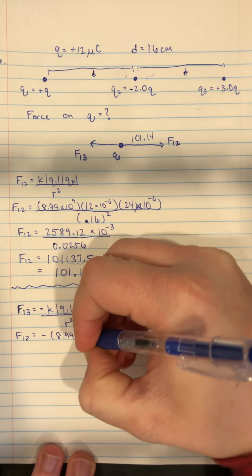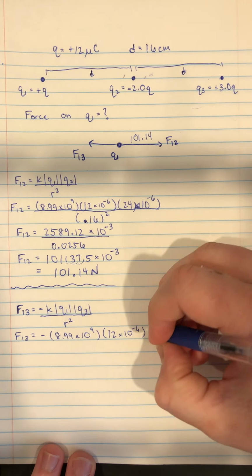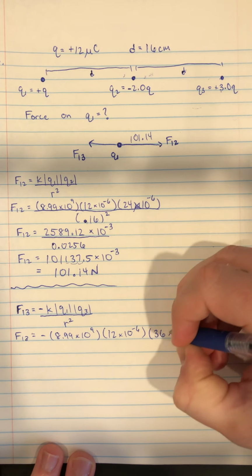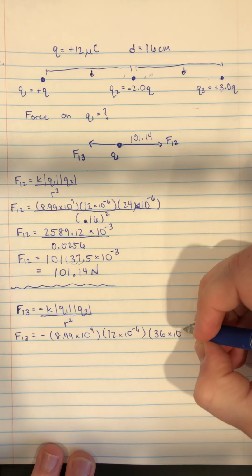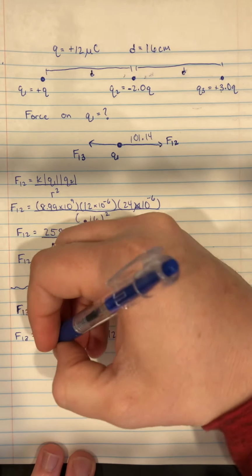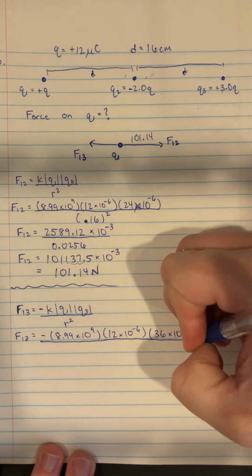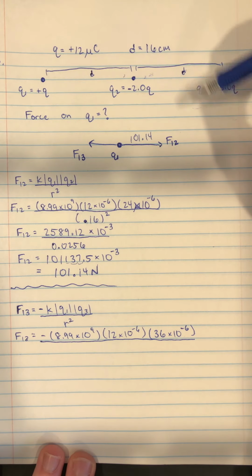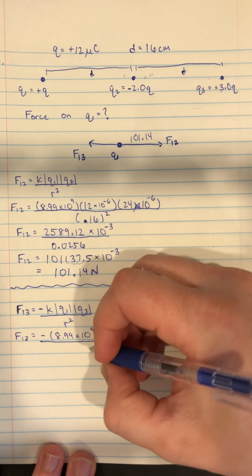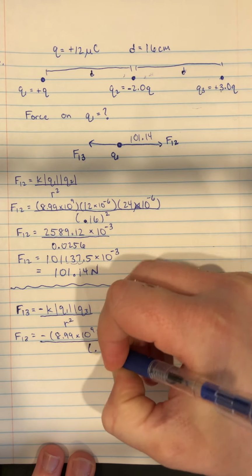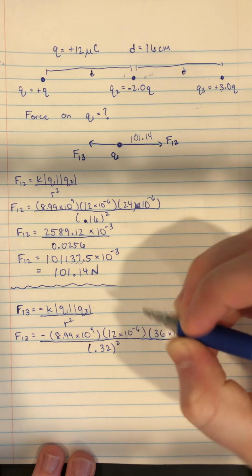Q3 is 3 times Q, so 3 times 12 would give us 36 times 10 to the negative 6th, divided by, the distance here now is 2D, right? 1D and then 2D. D is 16 centimeters, so that's 32 centimeters, but we want it in meters, so 0.32 squared.